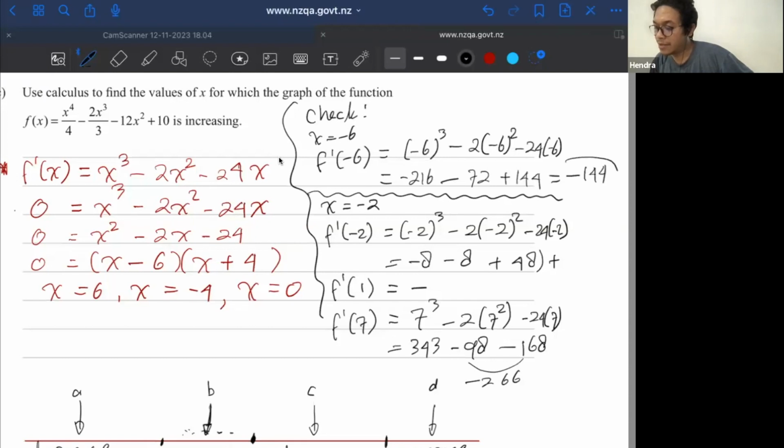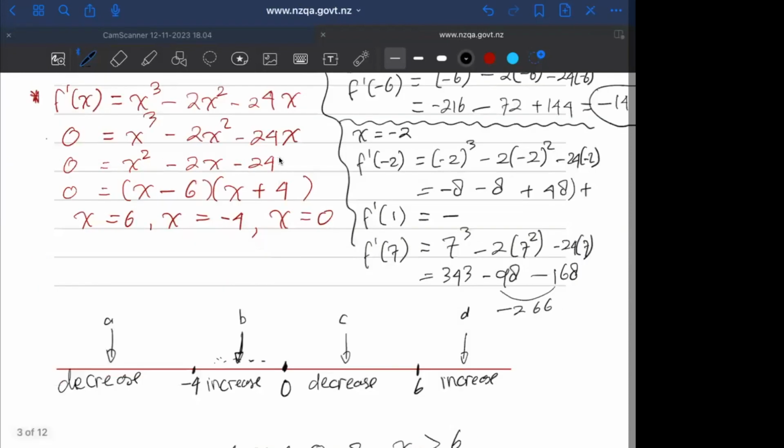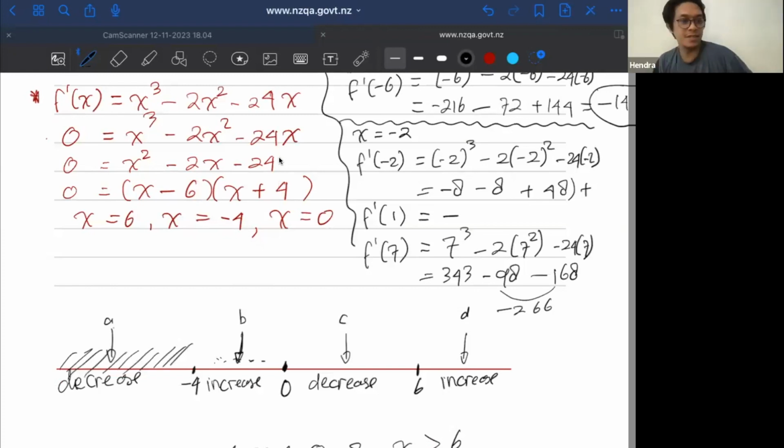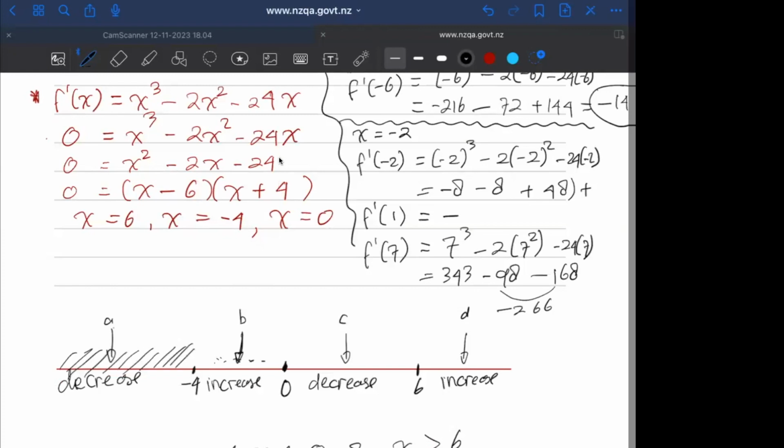So we got negative when we pick -6. That means in this area here, the function is decreasing.